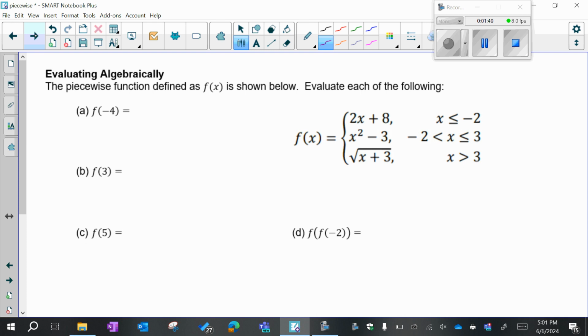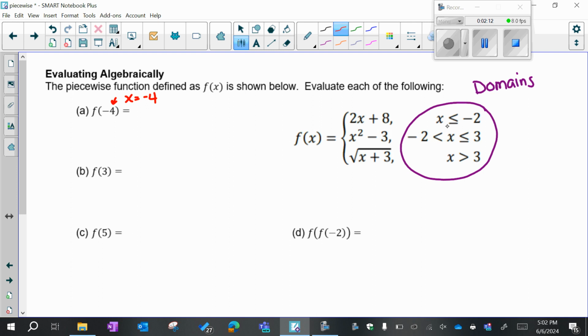Algebraically. So we talked about different pieces of a piecewise function. These pieces here are known as your domains. And the pieces on the left are your functions. So the first thing you need to do is determine which domain it belongs to. So remember, once again, inside is an x value. So x equals -4.